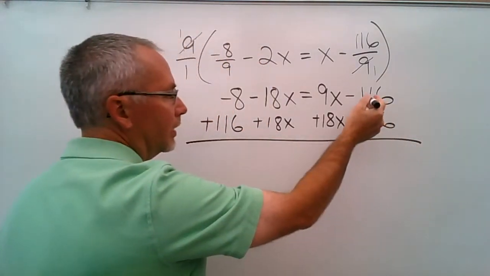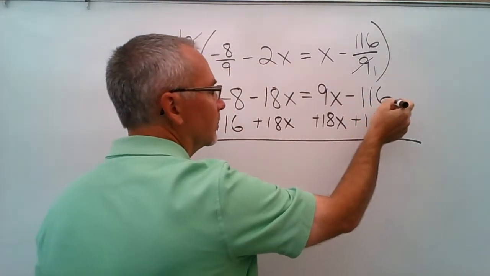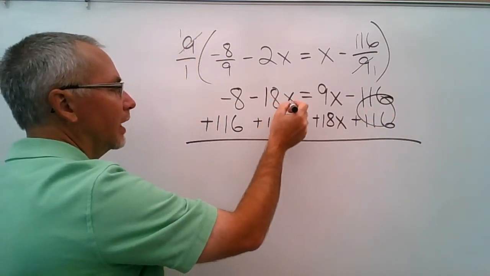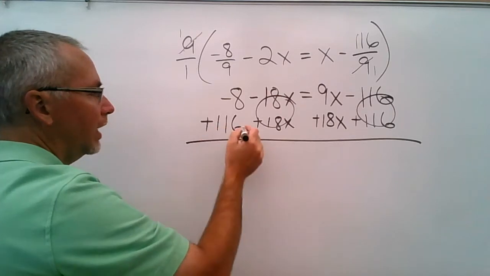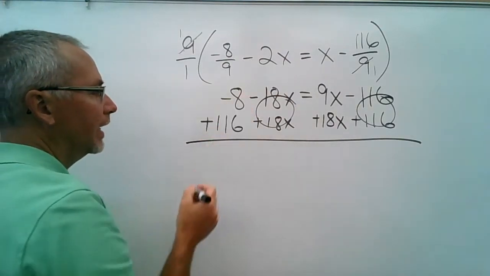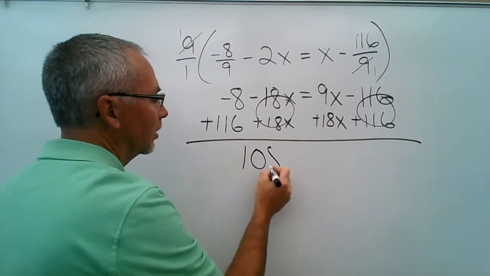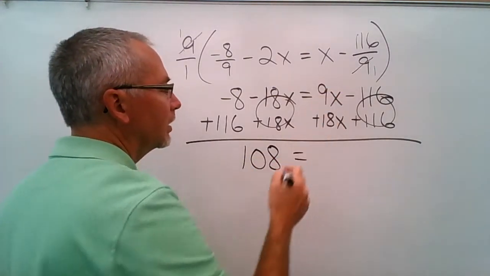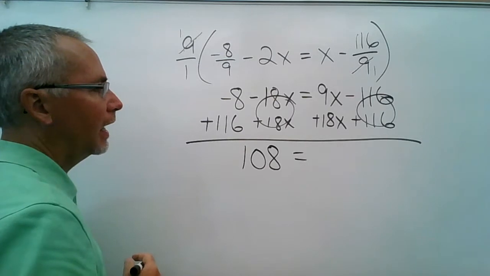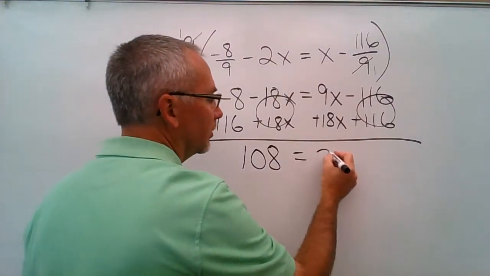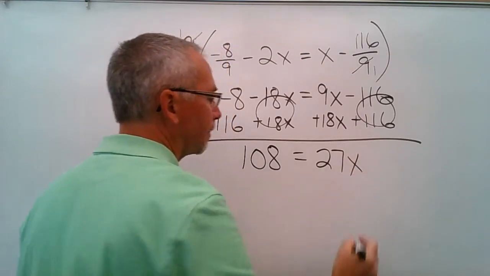A negative 116 and a positive 116 cancel. A negative 18x and a positive 18x cancel. So now I'm left with adding negative 8 and a positive 116, which gives me the answer 108. Over here I have a 9x and I have an 18x, which gives me a total of 27x.